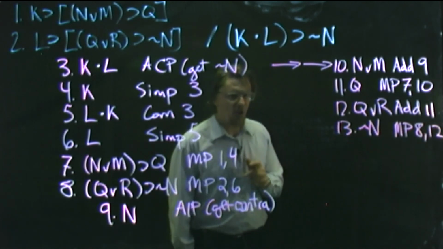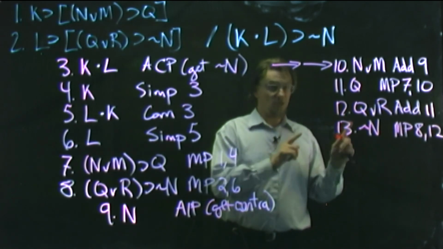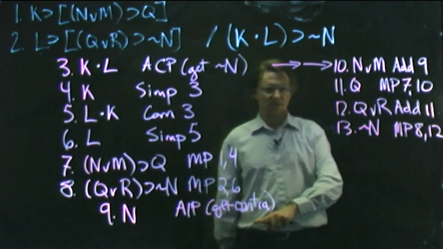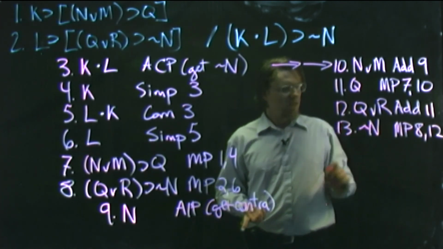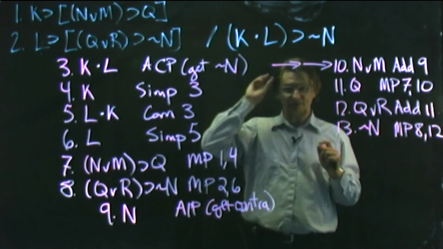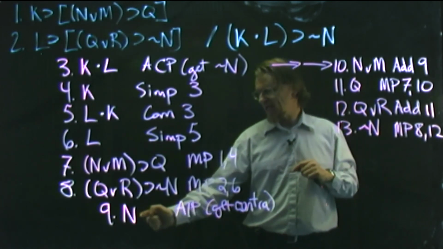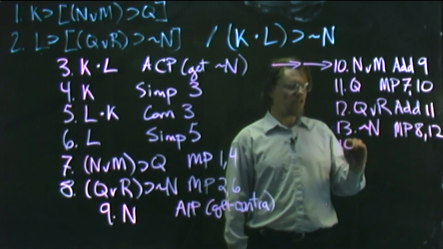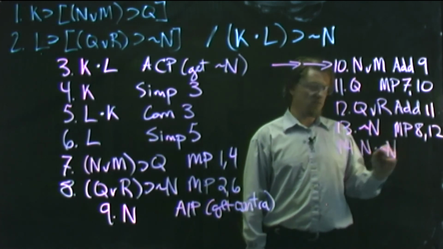Now, we don't want to get too excited about this. Yes, we wrote tilde n here. But remember, we're not trying to get tilde n anymore. We're trying to get a contradiction, as I've written right here. Now that I've used both of these lines, though, can I get a contradiction? Do I have something and then the same thing with a tilde in front of it? Well, you bet. I've got n right here. I've got tilde n right there. So just as we've been doing in indirect proof, we just conjoin n and tilde n.